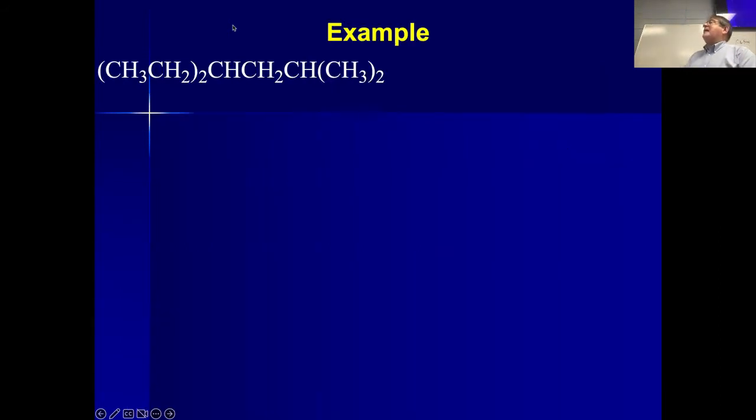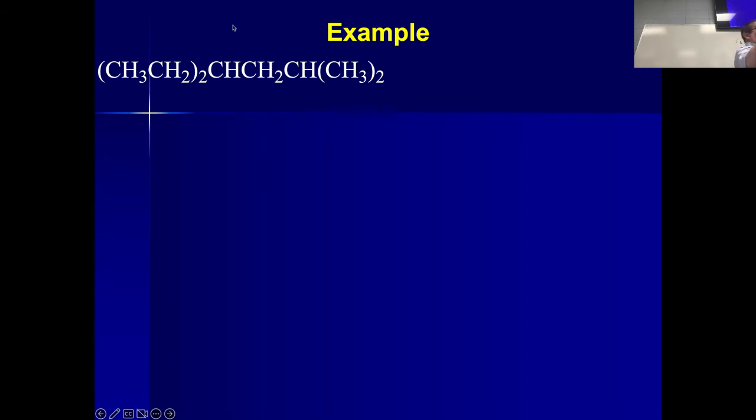Okay, so let's look at an example. Let's take 3 minutes, get with your nearest partner, nearest friends. You've got the condensed formula. What I want you to do is to draw it out in bond line, like we do here.